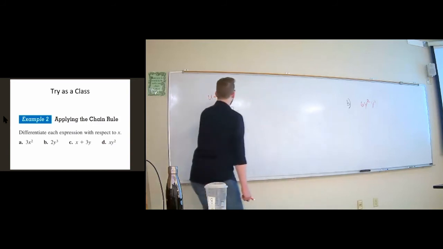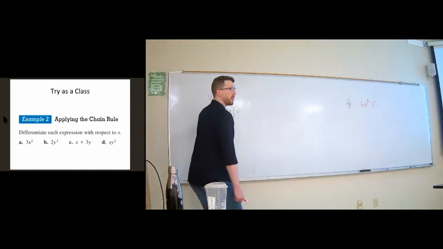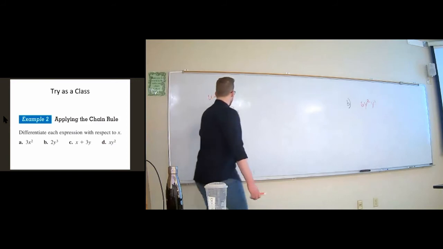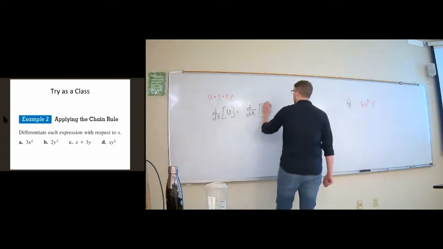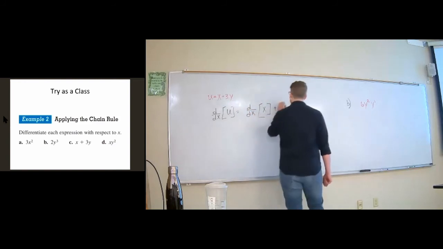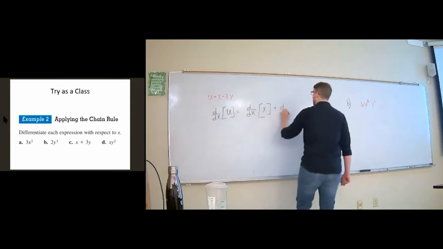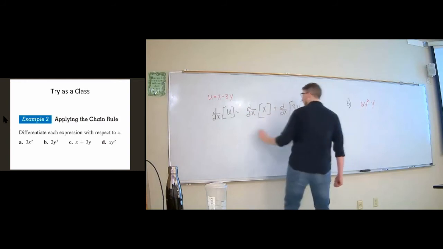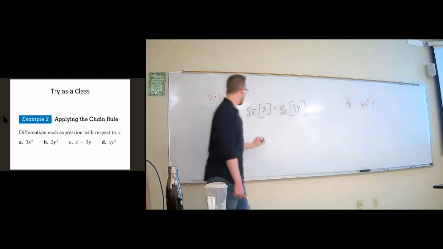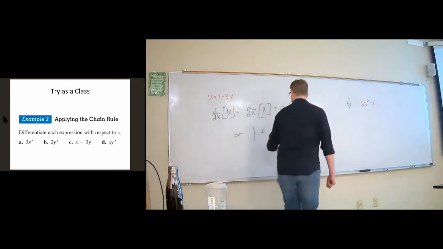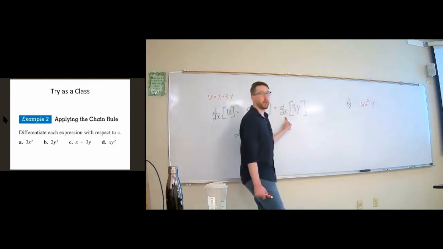The first term isn't going to have a derivative of y, right? So we can just skip over it. We can say this is d/dx of x plus d/dx of 3y. d/dx of x is 1, plus, well, this we're going to have to apply the chain rule to.